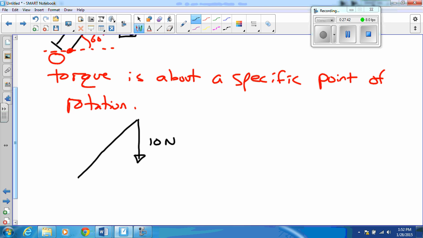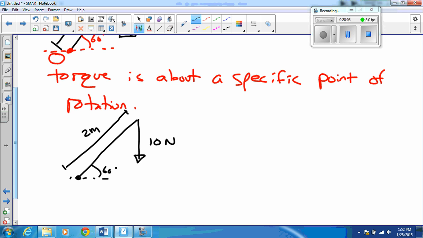We have a 10 Newton force pulling down right here. Our free body diagram is going to be a little more complicated because we're going to put in distances and angles. We didn't used to have to do that, but now because torque is force times perpendicular distance, we need to.